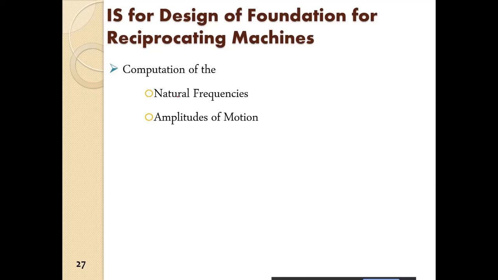Apart from that, we have to compute the natural frequencies of the system. Number one is the motion about the z-axis. That is omega n z equal to root over C_u A by m.